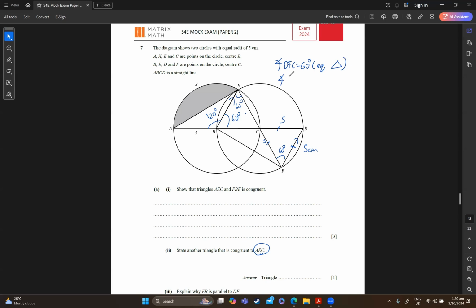Then you write down angle BEF equals to angle DFC, which equals to 60 degrees. Write down alternate angles, quote your parallel lines, BE parallel to FD.